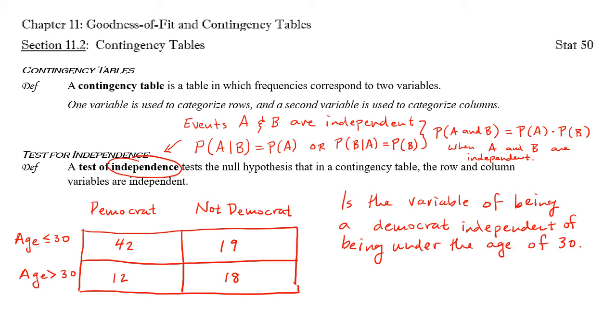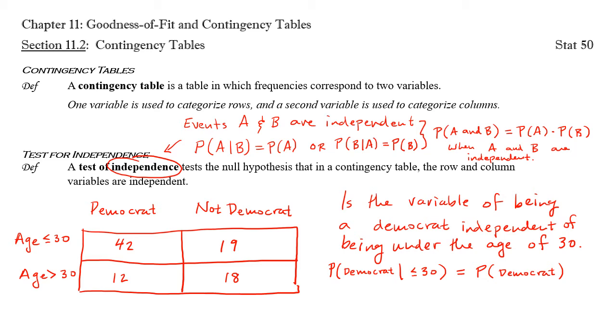In other words, if I were to pick one of these people from the sample randomly, and I were to say what is the probability that they are a Democrat, given that their age is less than or equal to 30, this probability should be the same as the probability that they're a Democrat regardless of what their age is. If they are independent, that's what we would expect.